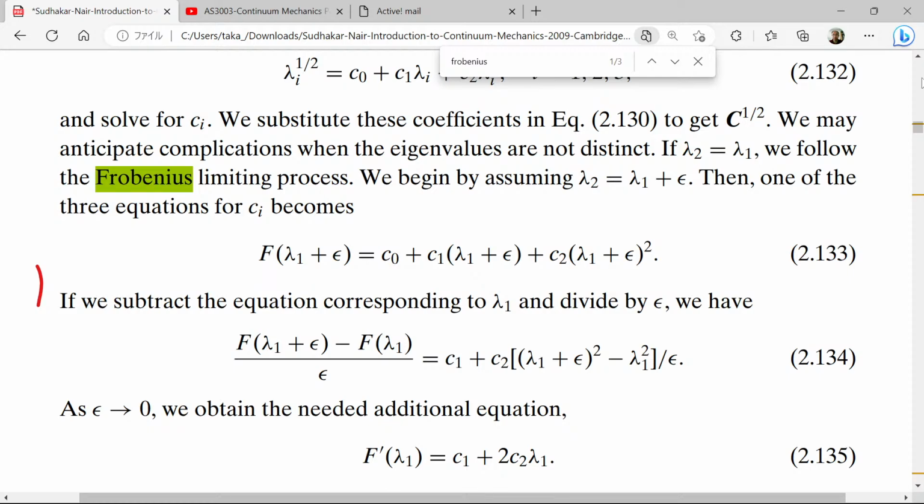We begin by assuming lambda 2 equals lambda 1 plus epsilon, then one of the three equations for the coefficients becomes like this. If we subtract the equation corresponding to lambda 1 and divide by epsilon, we have something like this. As epsilon goes to 0, we obtain the needed additional equation.